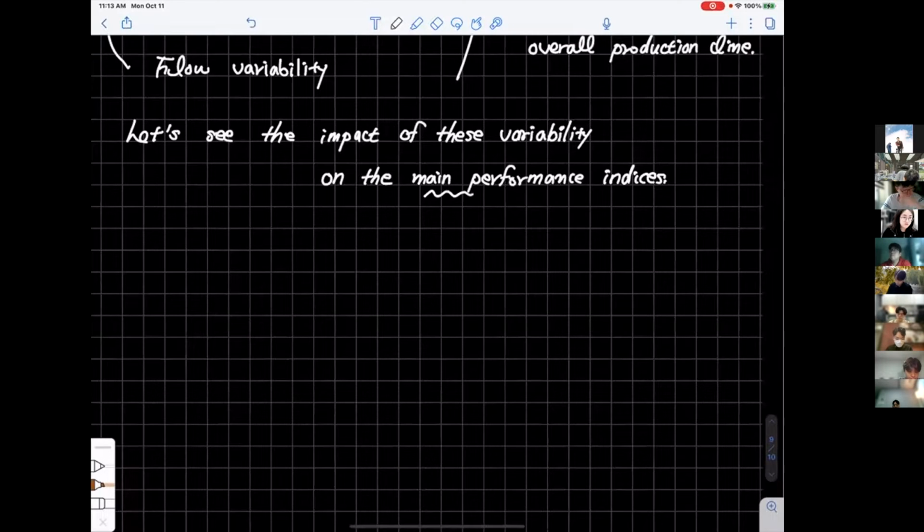The main performance indices are CT and WIP, also including the throughput. But in our problem, throughput will be given. And also, in order to make continuous flow lines, the arrival rate of the first machine will be determined as the same quantity as the throughput.